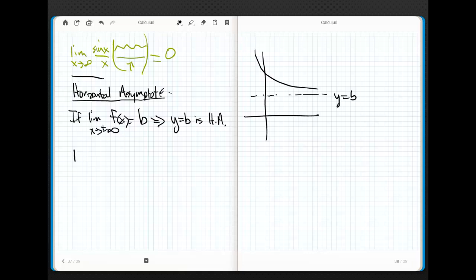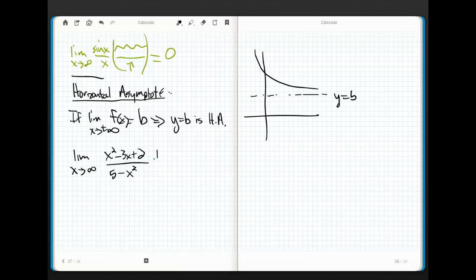Ready? Let's say that I want to take the limit as x approaches positive infinity, just to keep it simple, of x squared minus 3x plus 2 over 5 minus x squared. Now, on the face of it, it can be really tricky to say, okay, wait, I'm taking a limit at infinity. What does that imply?